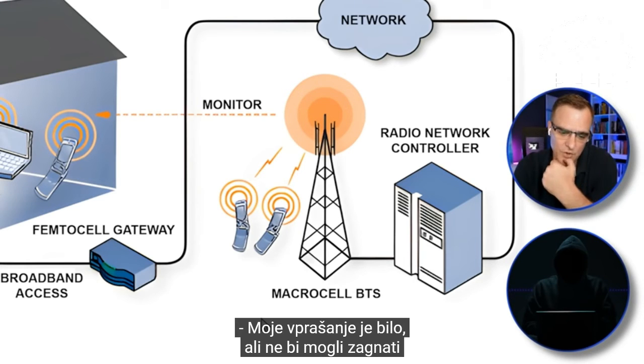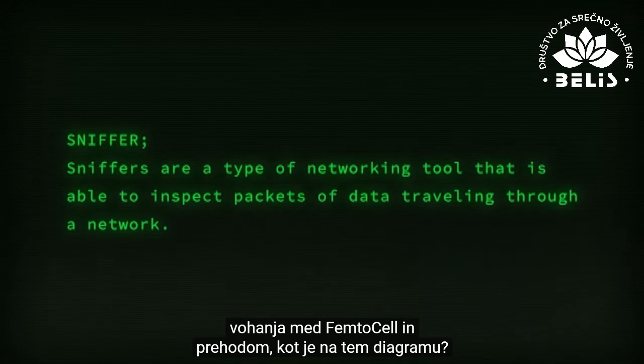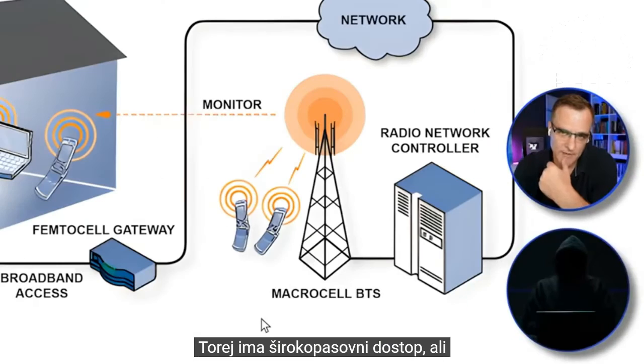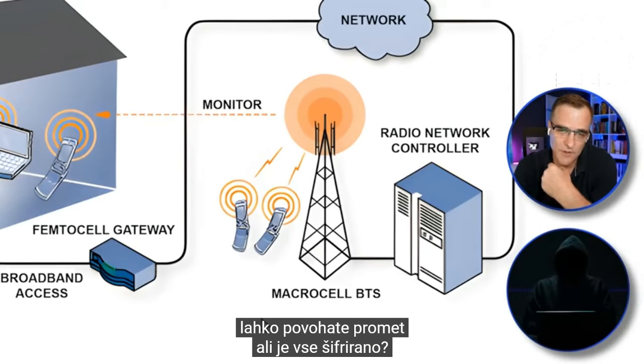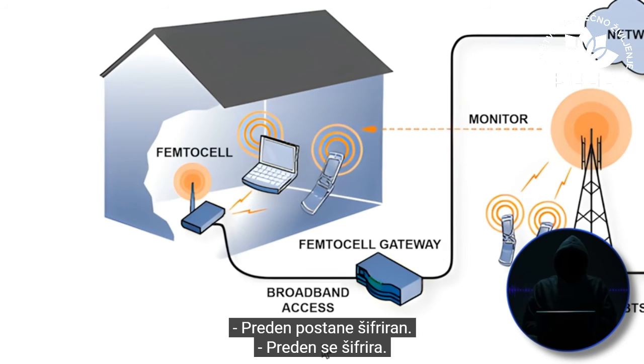My question was, couldn't you run a sniffer between the femtocell and the gateway, like in that diagram? It's got broadband access. Could you sniff the traffic, or is it all encrypted? Well, it's all encrypted from here to here. That's part of the problem you run into: this is all encrypted, so you have to intercept the traffic before it gets encrypted.